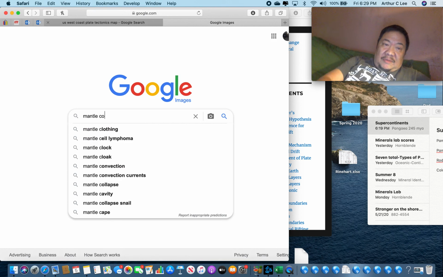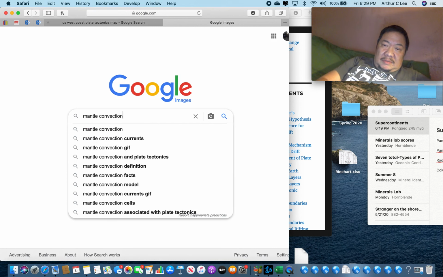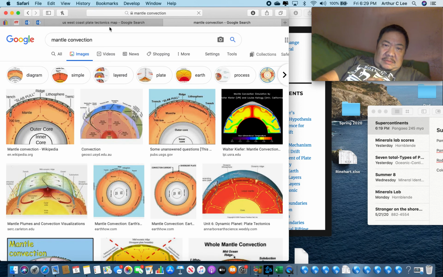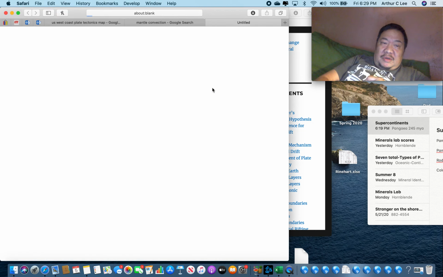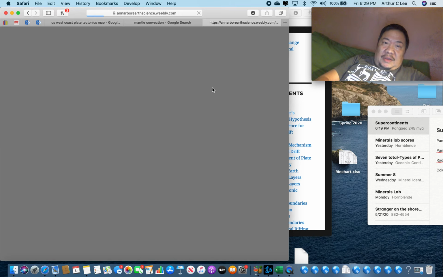Mantle convection. Oh, this is a beautiful picture. Let's see if I can get this one up for you.